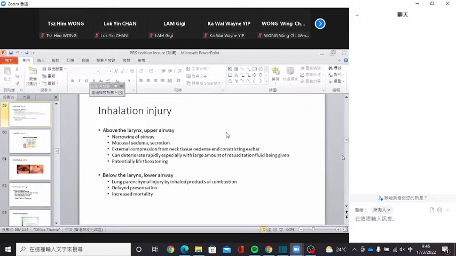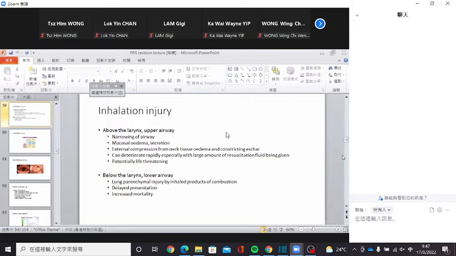So we classify inhalation injury at different anatomical levels. It could be above the larynx, namely upper airway obstruction, and below the larynx, the lower airway injury. Upper airway injury is due to narrowing of the airway because of mucosal edema, excessive secretion, or rarely due to external compression of the neck tissue and constricting eschar.